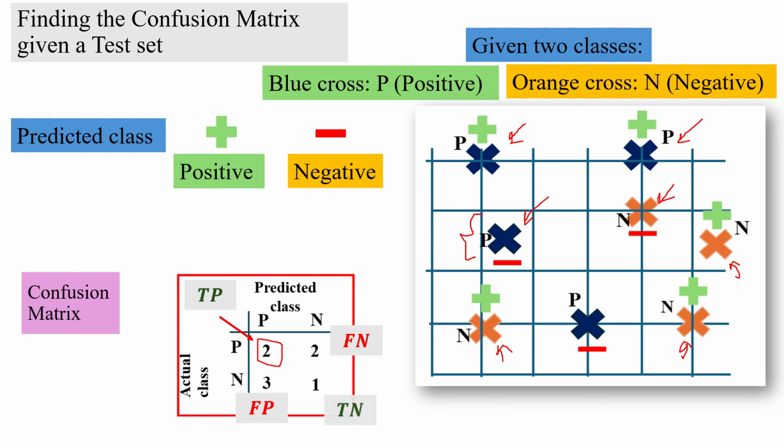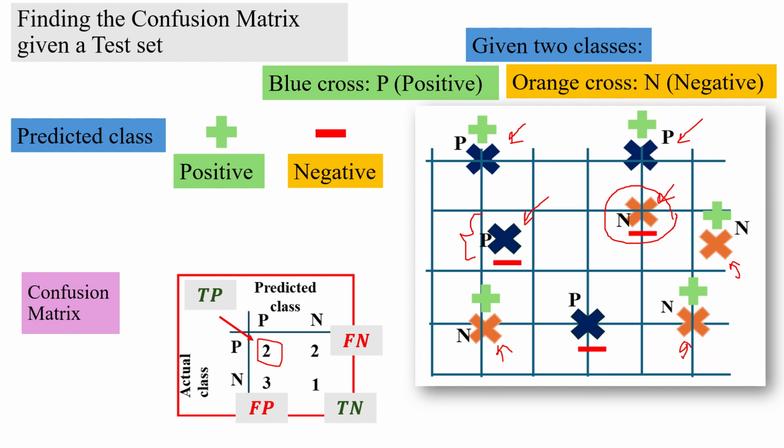And finally, we have only one data point, this one, which was negative and identified as negative, contributing to our true negative. So you can see that for a 2-class data set, the confusion matrix has its components as the 4 terms TP, FN, FP, and TN. Okay, so I hope this is clear.